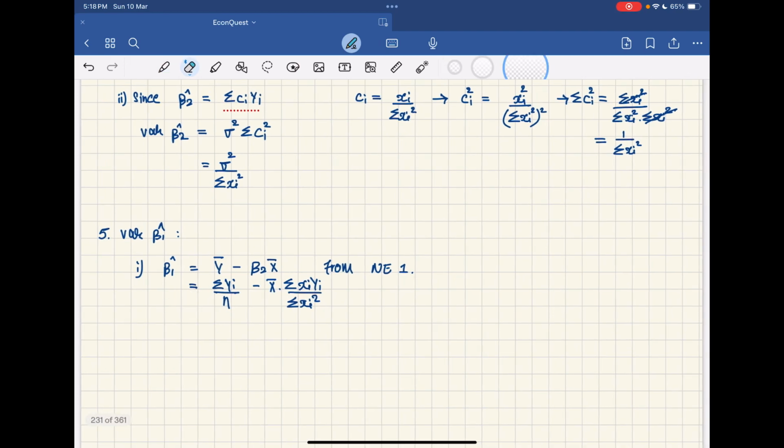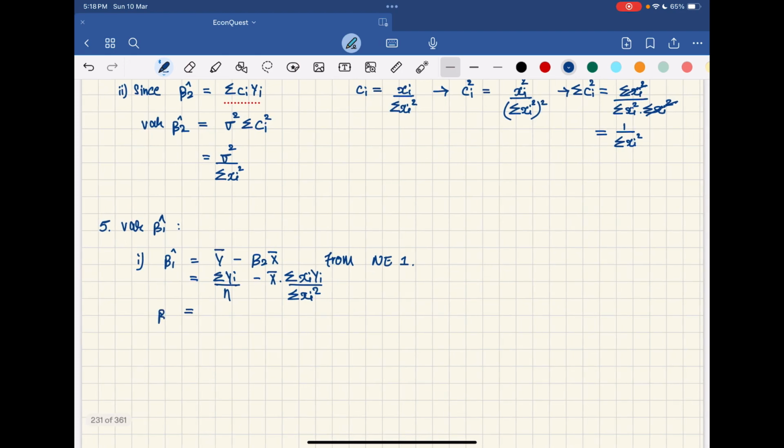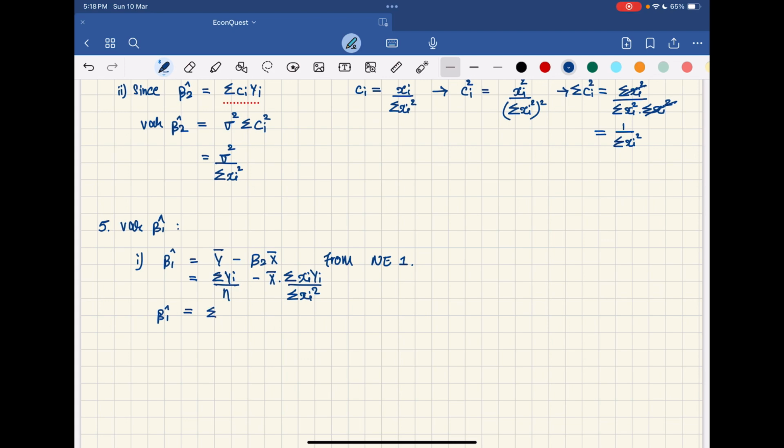So this thing becomes equal to summation of 1 by n minus x bar divided by summation xi square times yi, right?